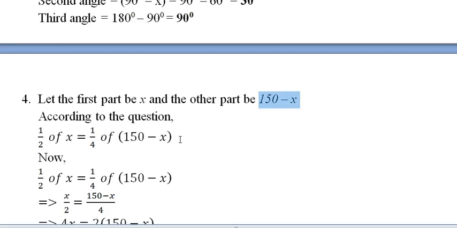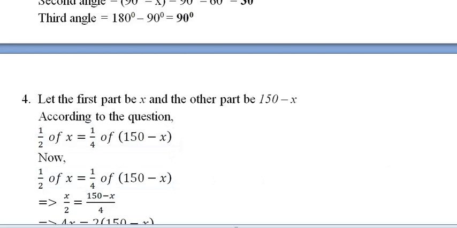According to the question, half of the first part will equal 1/4 of the second part. So this is our equation: half of x is equal to 1/4 of 150 minus x.